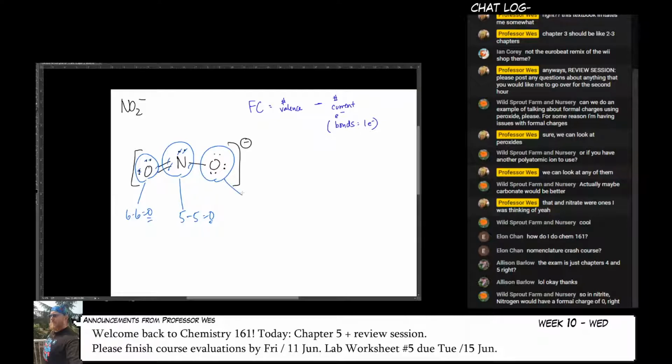And if I formal charge the oxygen on the right, I better get negative 1. 1, 2, 3, 4, 5, 6, 7. I totally do. So that's nitrite.